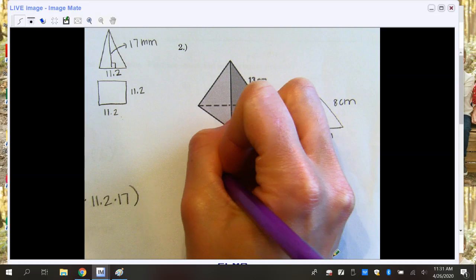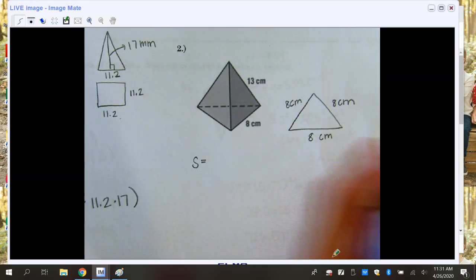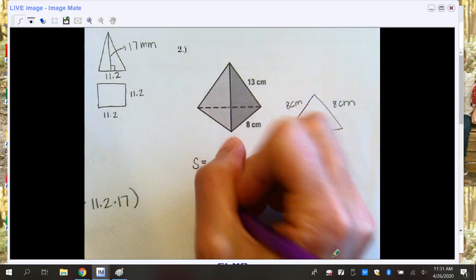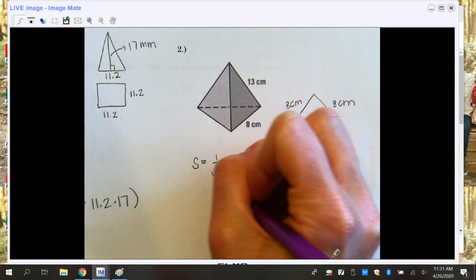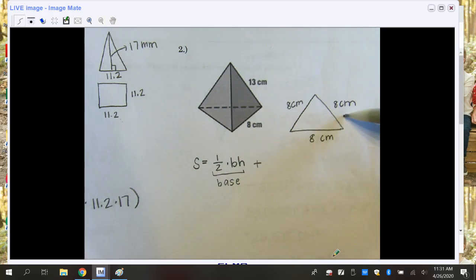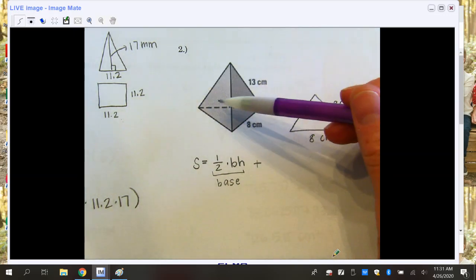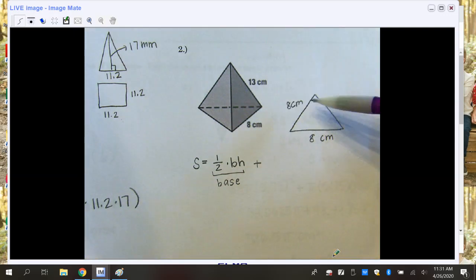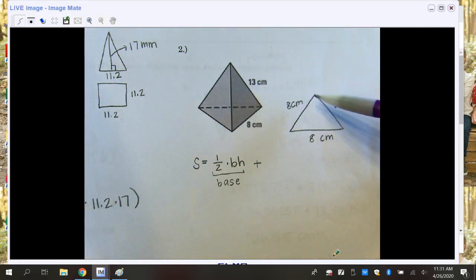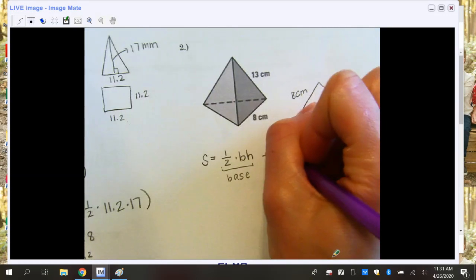So if I lay out the surface area like I did in the other one, I've got 1/2 base times height. That is the triangle, that's the base. So I'm going to have 3 lateral faces coming off of these 3 sides. So if I were to draw the net of this, I'd have a triangle here, here, and here.